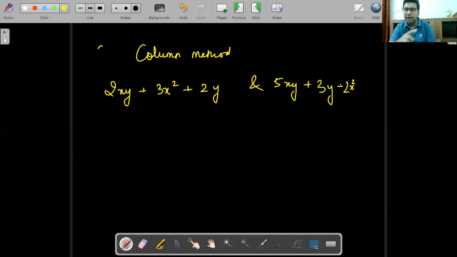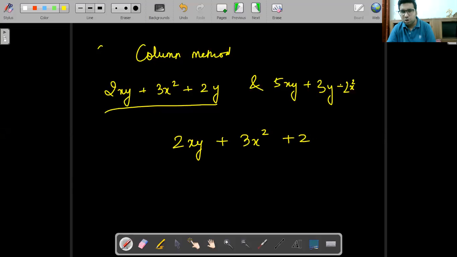In the column method, first they are writing 2xy plus 3x square plus 2y, and then they are writing the like terms below it. So class, 5xy will come below this thing because the two are like terms.